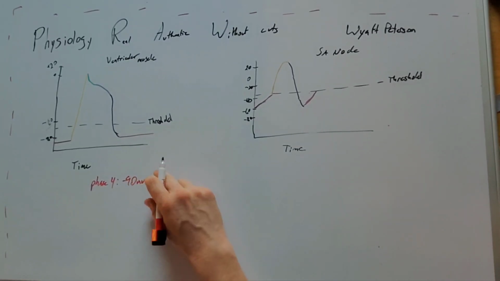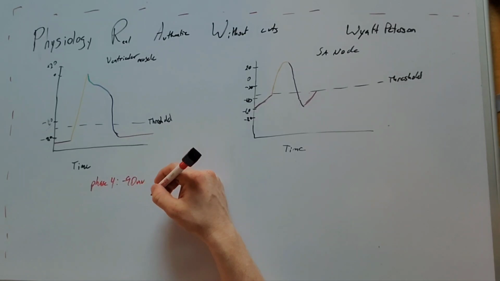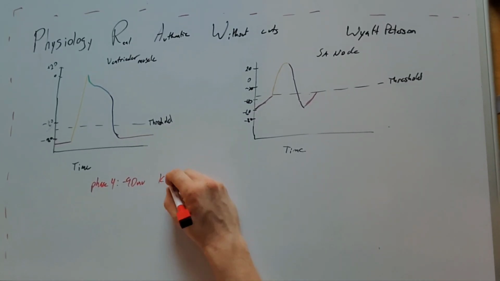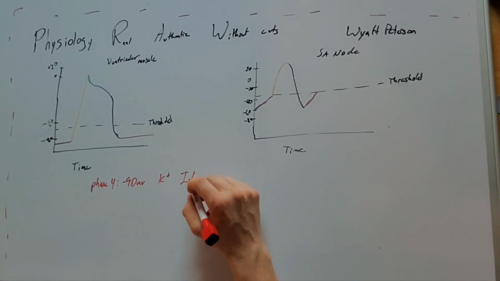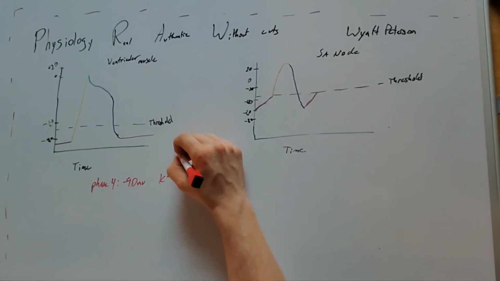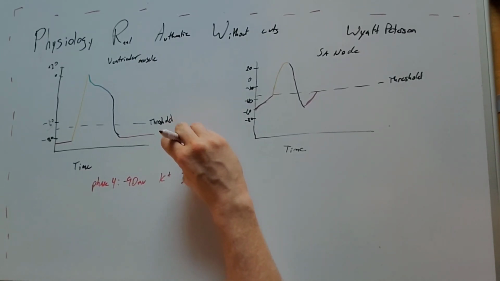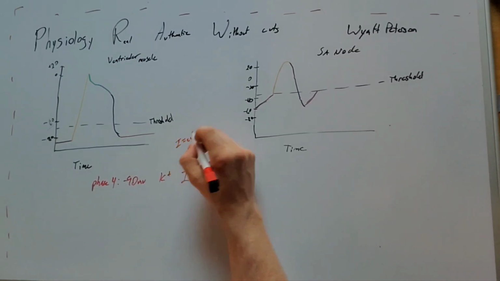millivolts, and that's because in a ventricular muscle cell, it's more permeable to K plus, because there's more of these IK1 channels. So the I represents current.